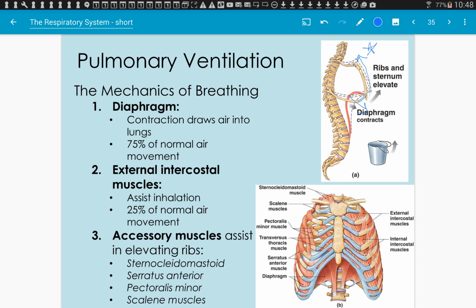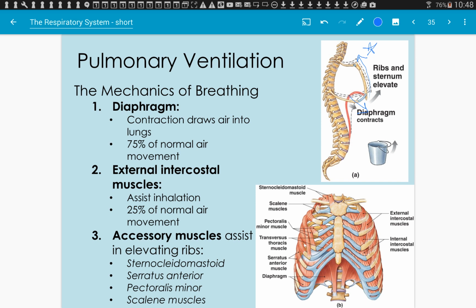Both of those just make more space. And more space decreases the pressure inside, which means what? If you decrease the pressure inside your thoracic cavity, what's going to happen? Pressure is higher outside, pressure is low in your thoracic cavity. Air is going to go in. Okay, we've got to remember that.